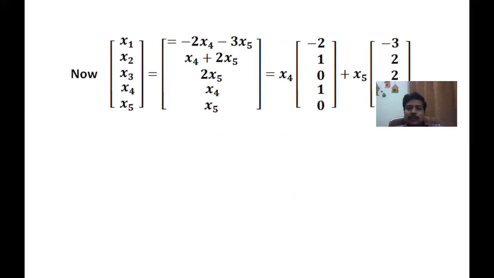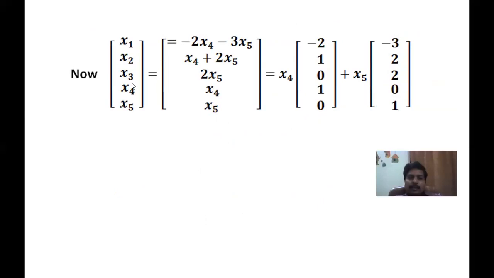Now, the vector x1, x2, x3, x4, x5 can be written as x1 is minus 2x4 minus 3x5, x2 is x4 plus 2x5, x3 is 2x5, x4 is x4.